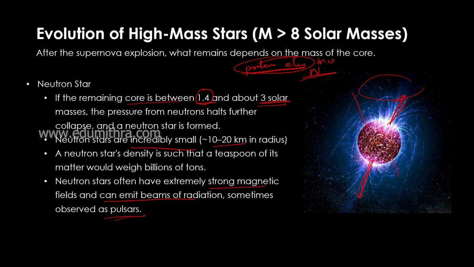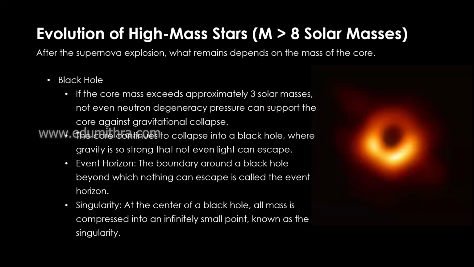Now we said that the neutron star stays a neutron star only if the mass is between 1.4 and 3 solar masses. So what if it is more than 3 solar masses? Then it can collapse once again, and that collapse will lead to something called a black hole, where the gravity is so strong that not even light can escape.